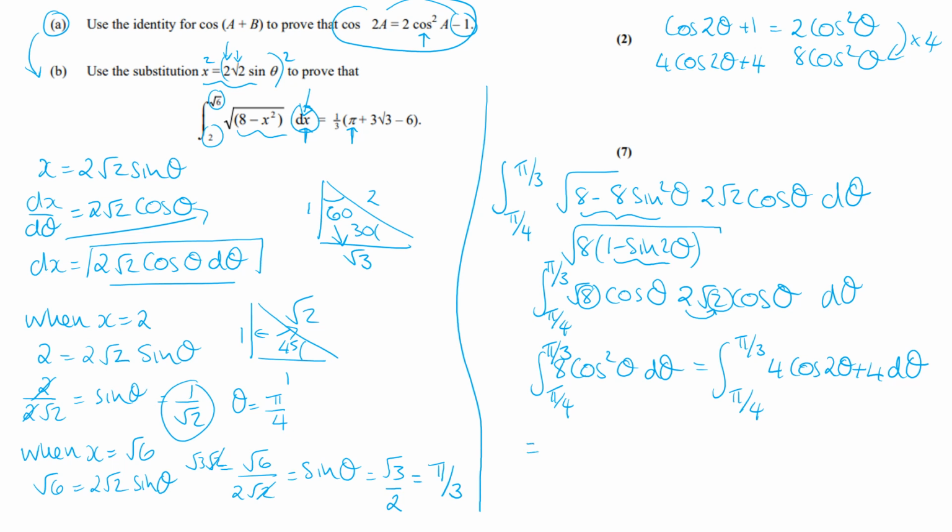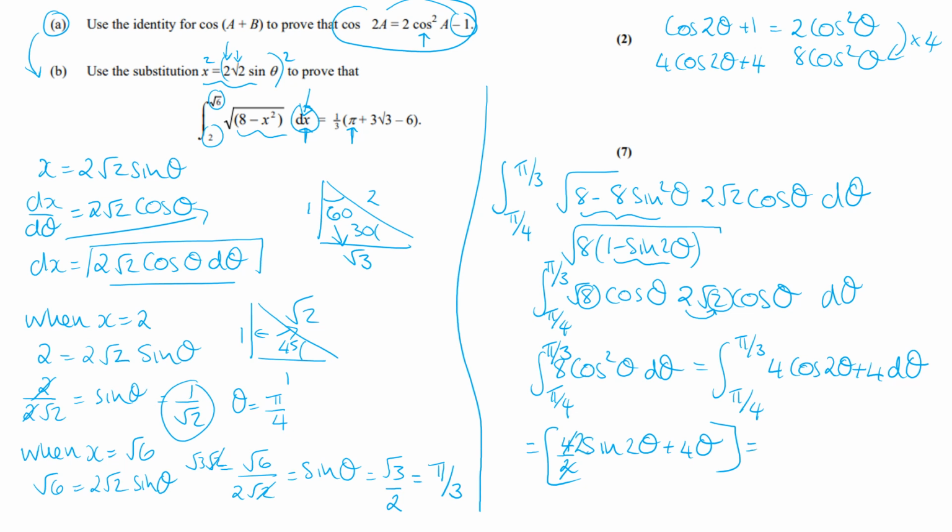So that's going to be 4 over 2 sine 2 theta plus 4 theta, which will be 2 sine 2 theta plus 4 theta.